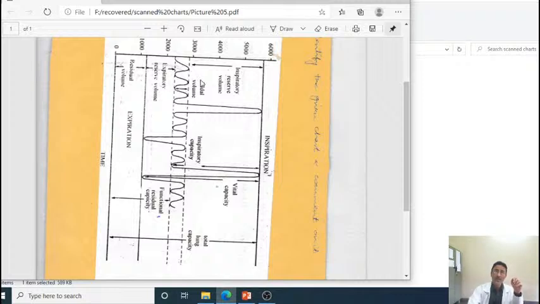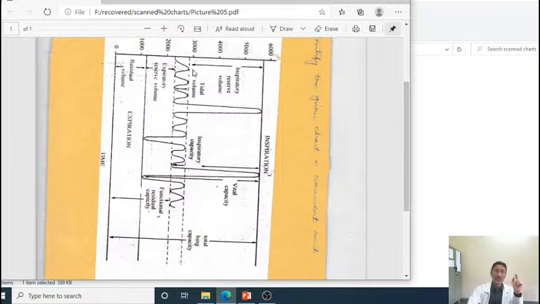Now the next volume is the inspiratory reserve volume. Inspiratory reserve volume is the volume of air which enters into the lungs on a forced inspiration after the tidal volume. So here you can see this is the tidal volume.